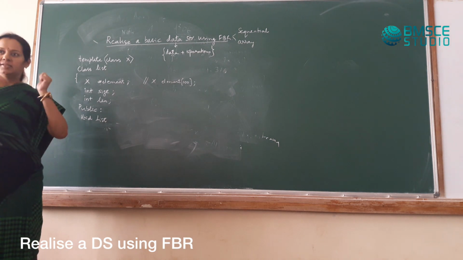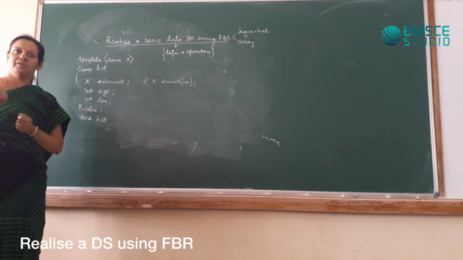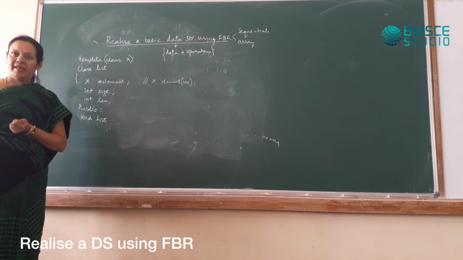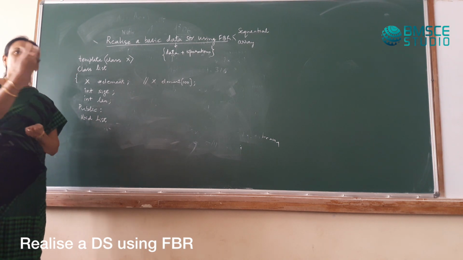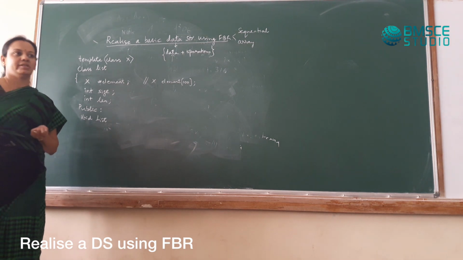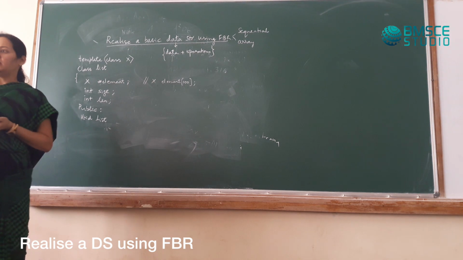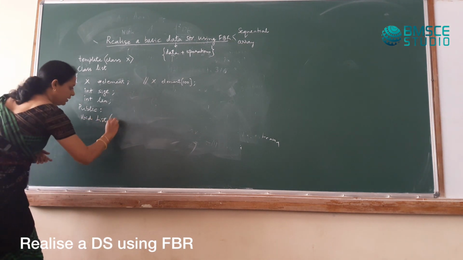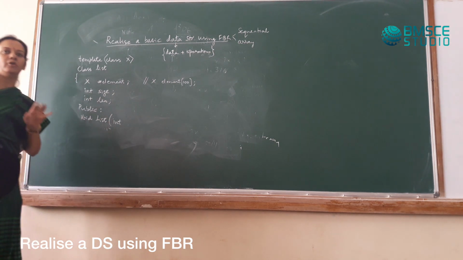In which case, somewhere we need to get that information from the user. Where will we get it? At the time of creating an object, the user will say, create an object that can hold 1000 data. Correct? So in that case, we will have to provide an argument. So let's take the argument to be of type int.